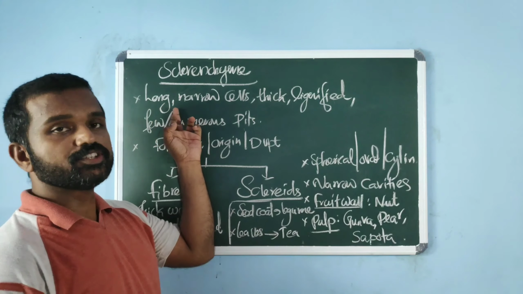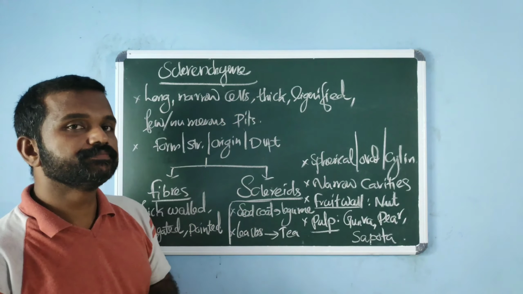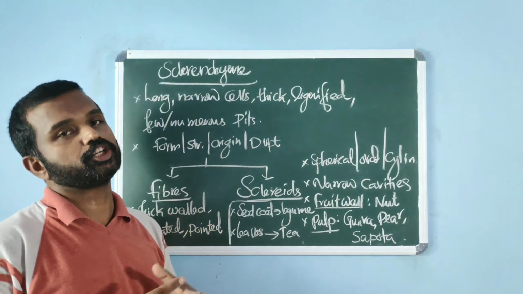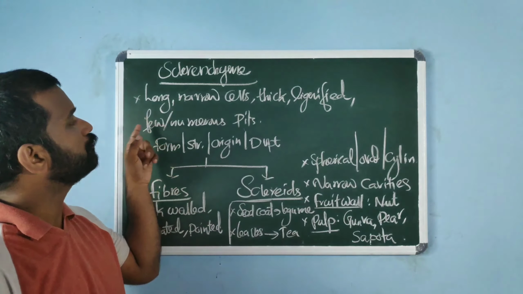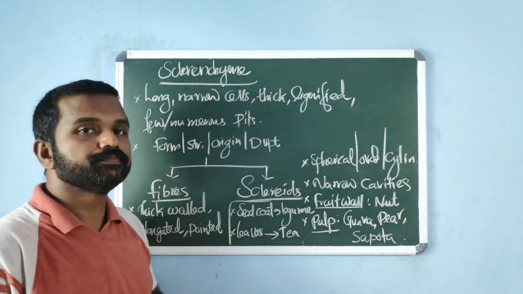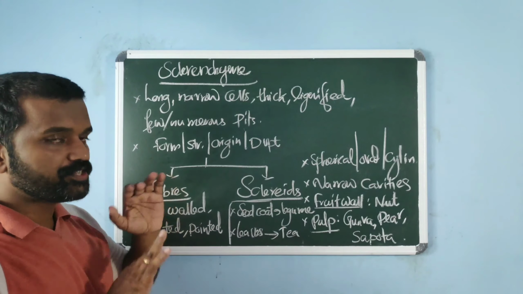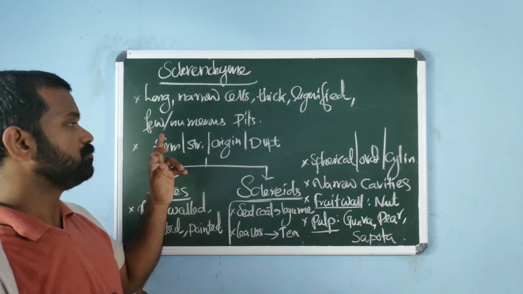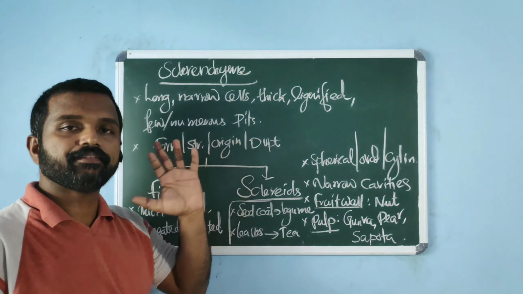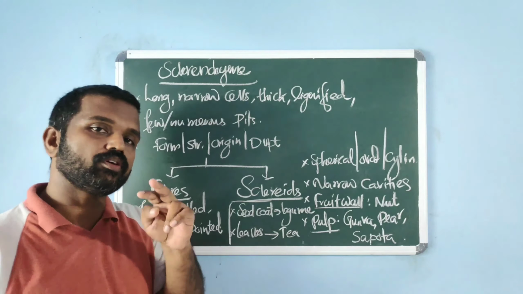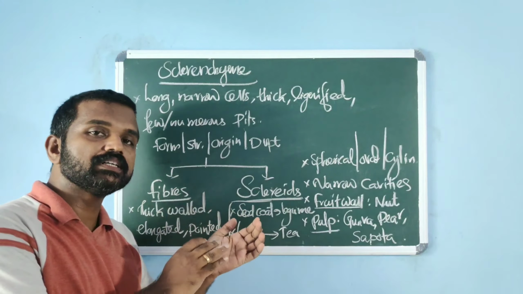And it consists of long, narrow cells, thick with a lignified cell wall, and they often have few or numerous pits. And then, based on the variation in form, structure, origin, and development, sclerenchyma is of two types, that is fibers and sclerites. Fibers are thick-walled, that means lignified, elongated, pointed cells, often found in groups.